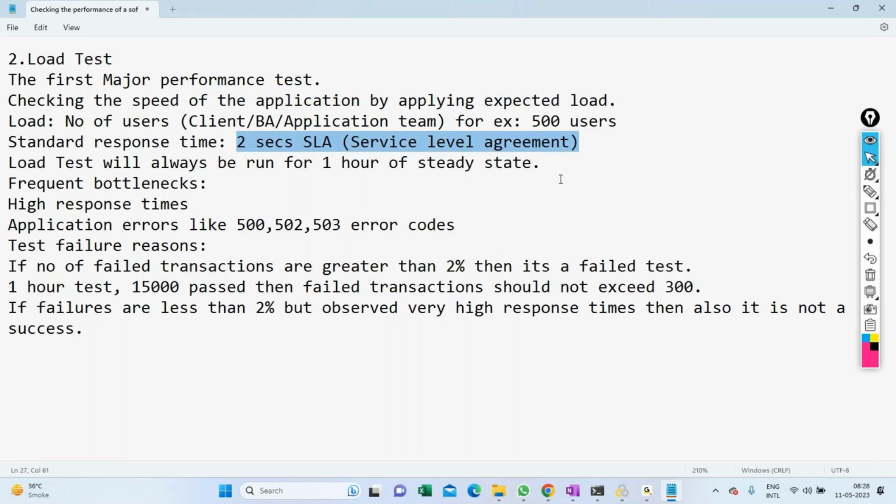The application team will then analyze how critical those 3 or 4 transactions are. If they are not that critical, they will say, okay, we agree that these are high response times. We will fix it in the next release, or we will fix it after a few days. So let's continue, no need to stop.